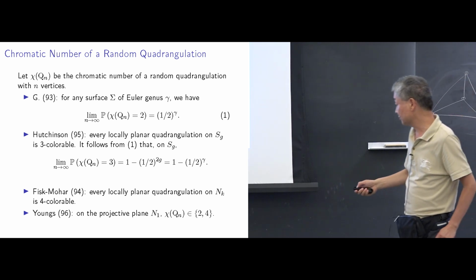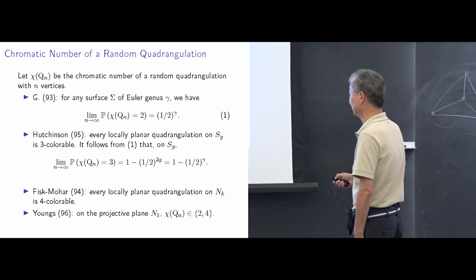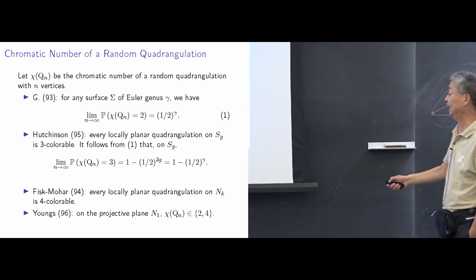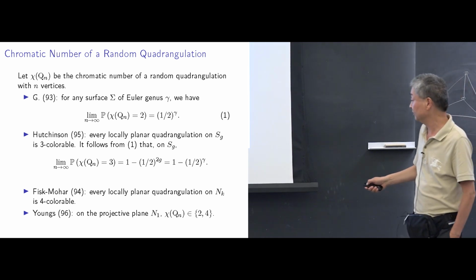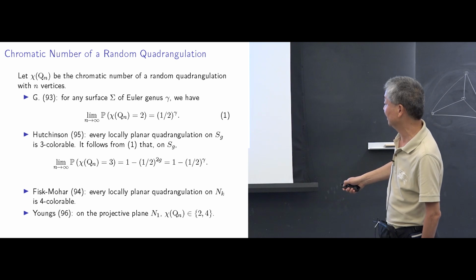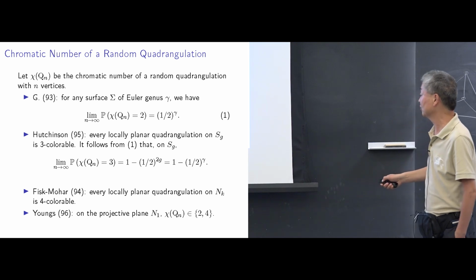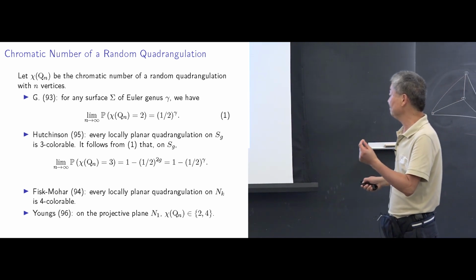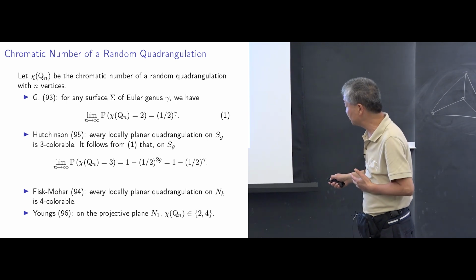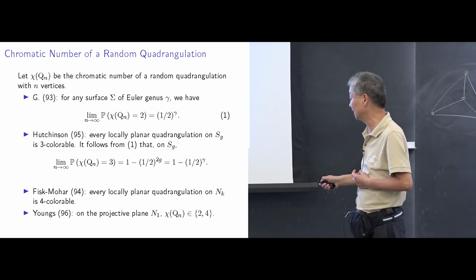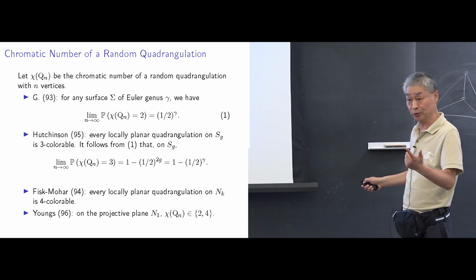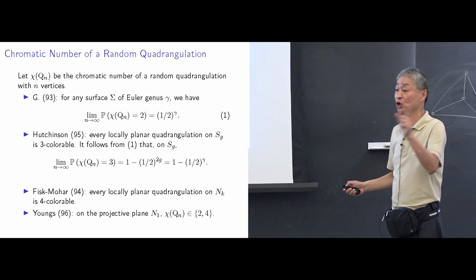Again, here we look at the simplest case, N1, the projective plane. There's an earlier result here by Youngs. He showed that on the projective plane, the chromatic number of a quadrangulation is either 2 or 4. Okay, there's no 3.